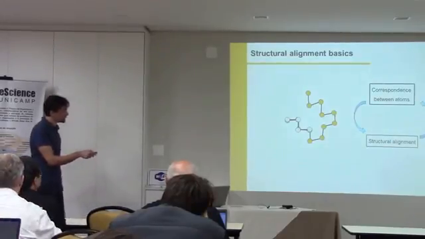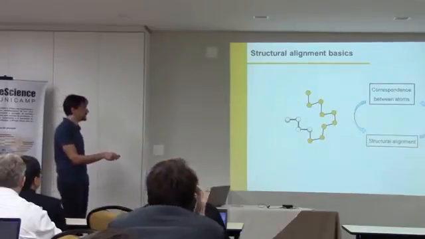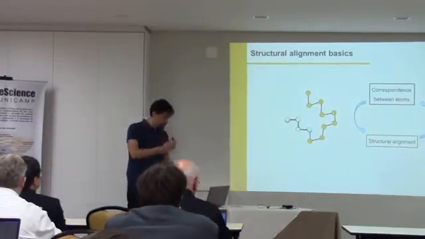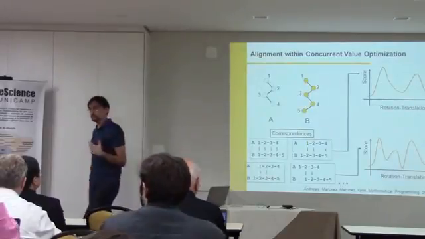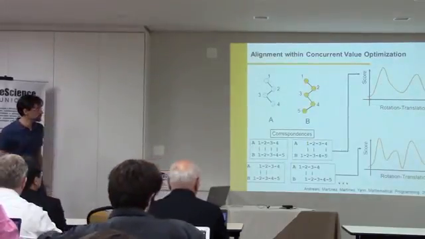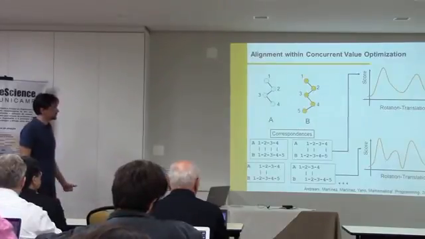So a structural alignment problem can be separated in two phases. One is to obtain the correspondence between atoms. The other is to actually perform the structural alignment, the structural movements of one of the proteins that lead to the best superimposition, to the best overlap of the corresponding atoms.